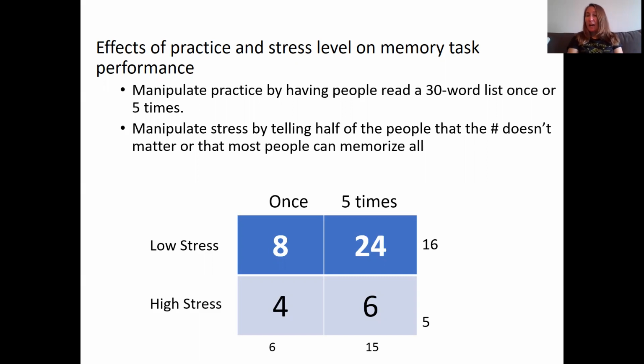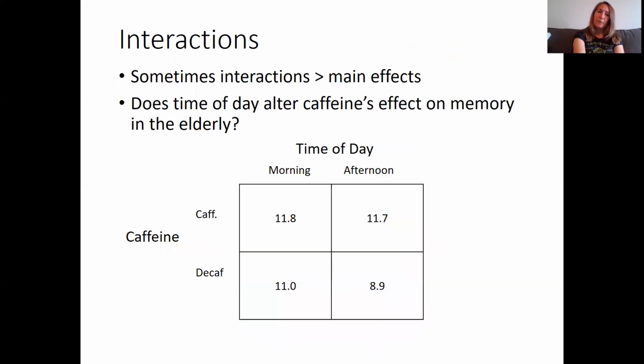Now, we also have an interaction between low stress and high stress, in that if you are under low stress conditions and you're able to practice more times, this is the ideal situation, because this is when you memorize the most amount of words. So in this particular example, we have 2 main effects, a main effect of each independent variable, and we have an interaction. And to be fair, we would determine the statistic then.